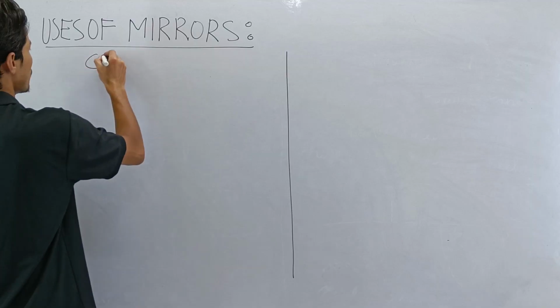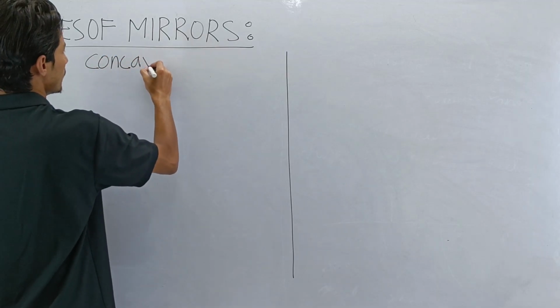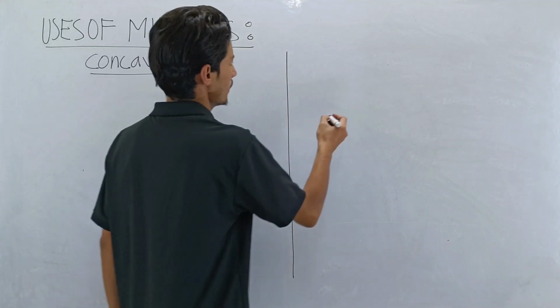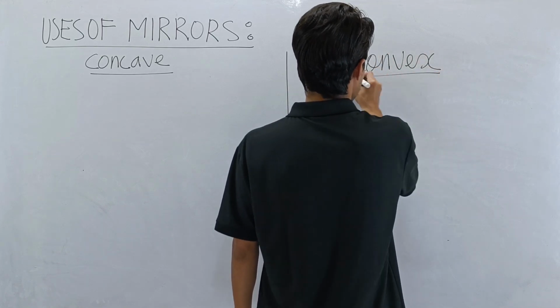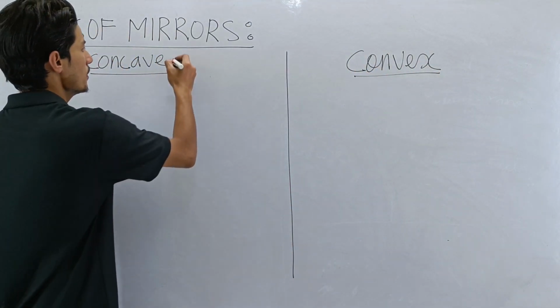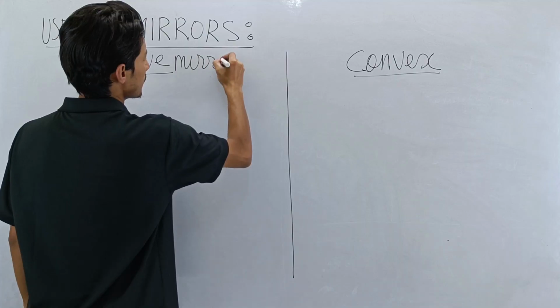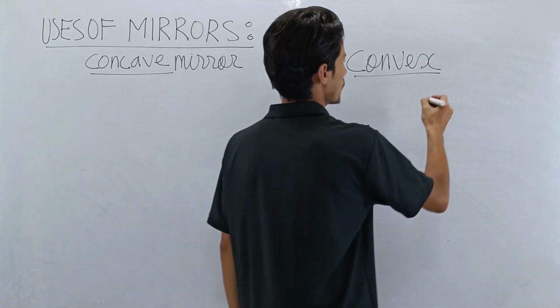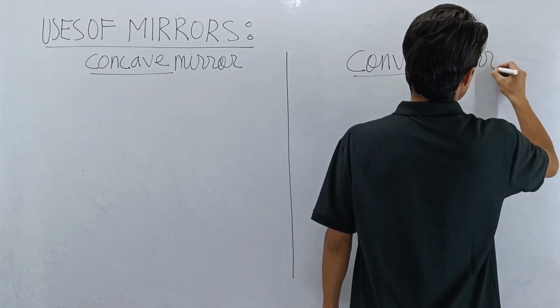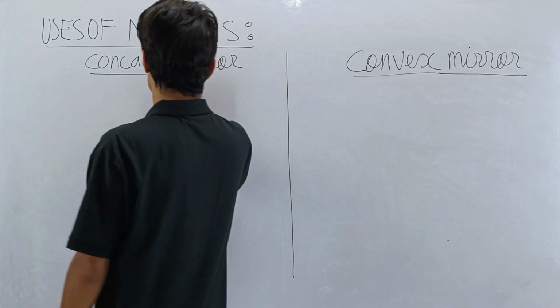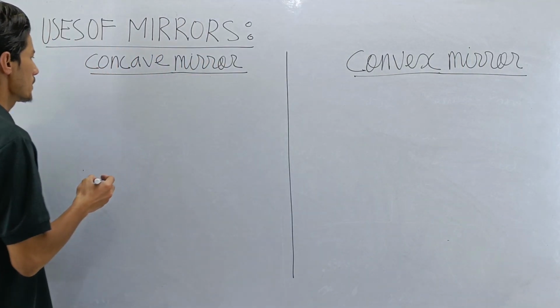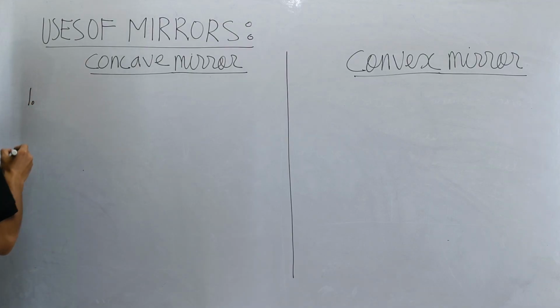First we'll write for concave, and on this side, let's write for convex. So concave mirror and convex mirror. Now let's discuss their uses. Use number one for concave mirror.